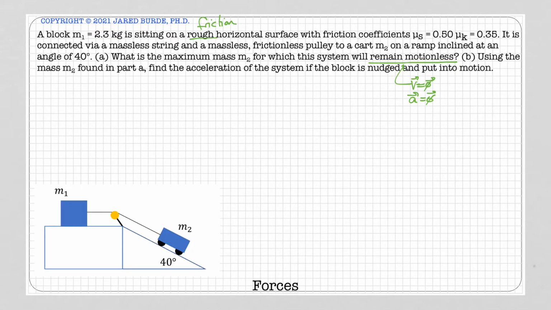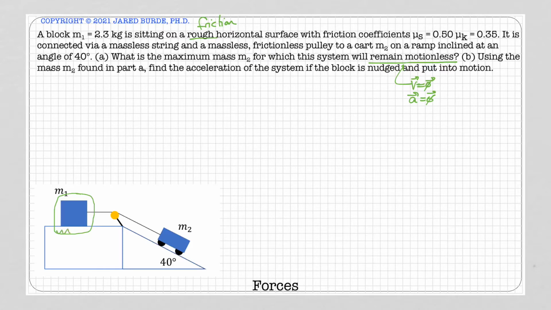The first thing that we'll do is to draw free body diagrams. Since we have two different objects, we're going to have two different free body diagrams, one for each. Let's start with block 1. First, we draw a circle around the object to identify points of contact.